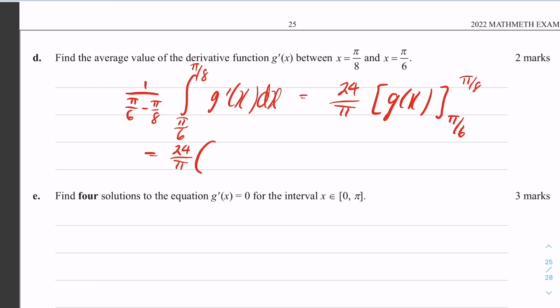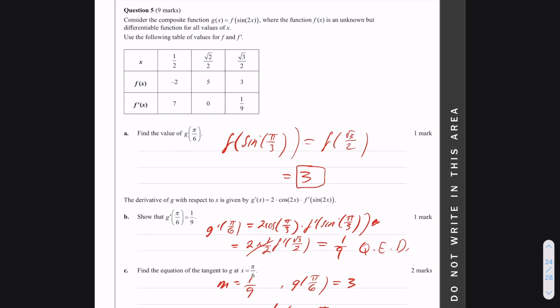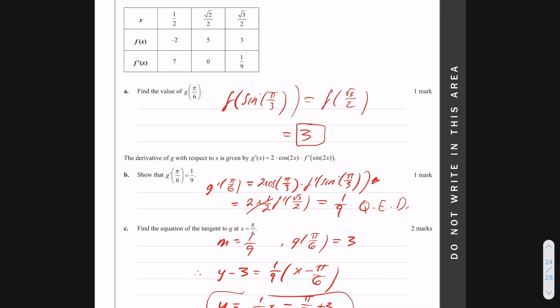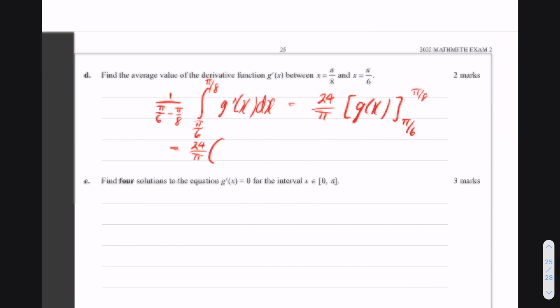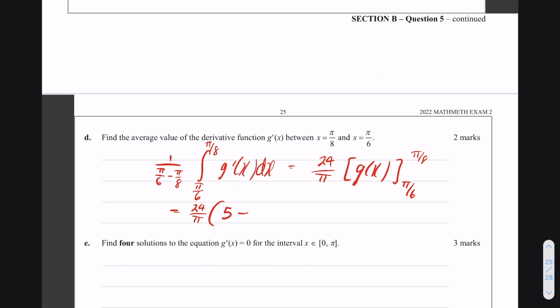Now when we sub in g of pi over 8, what do we get? That's sine of pi over 4, which is root 2 over 2, so f of root 2 over 2 is 5, minus g of pi over 6, we already found that, which was 3.